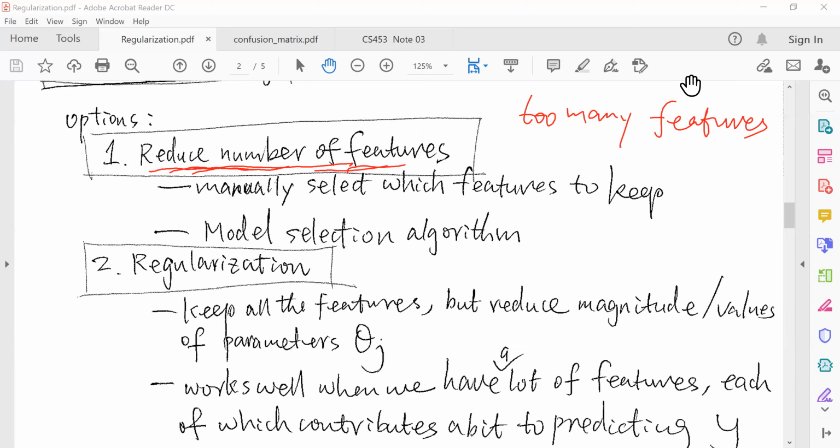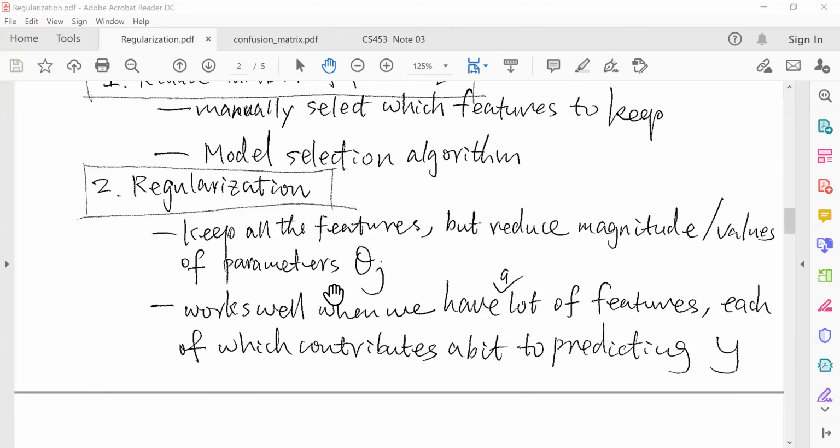The second strategy is to do regularization. Regularization is where we keep the features, but we reduce the weight impacts. Over here theta is our W, the weight, so you try to reduce the weight impact.